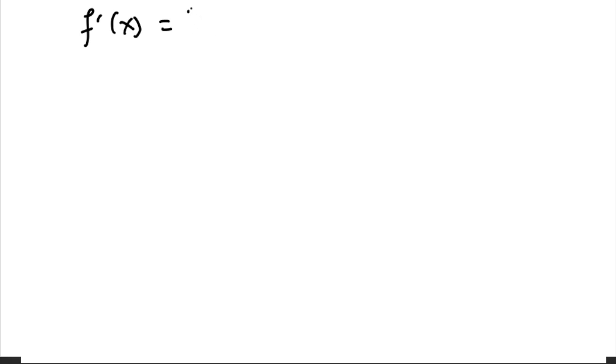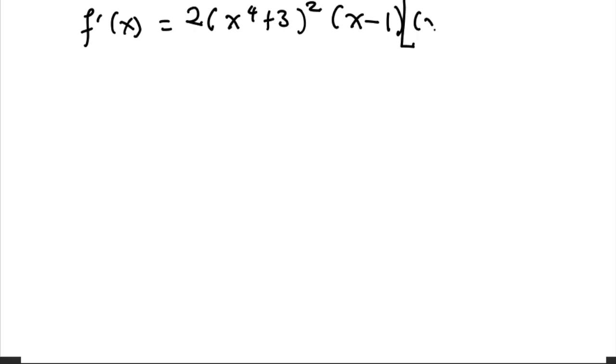The first common factor on the numerator is 2. The second common factor is (x to the power of 4 plus 3) to the power of 2. The next common factor is (x minus 1). So we have 3 common factors. And then the rest we do like this. (x to the power of 4 plus 3), and then minus 6x cubed, (x minus 1). Isn't it? Okay, please see them carefully.